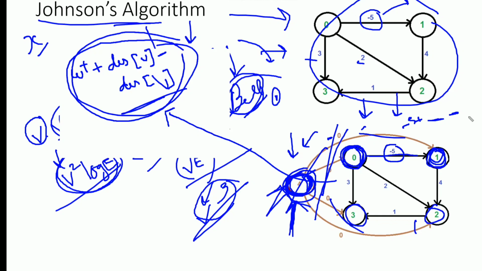So we'll get a new weight for this particular edge, and this new weight will be a positive one. After this, all the edge weights will be positive. And as we know, if all the weights are positive, then we can apply Dijkstra algorithm, because Dijkstra algorithm does not perform when there is a negative weight edge in a graph.